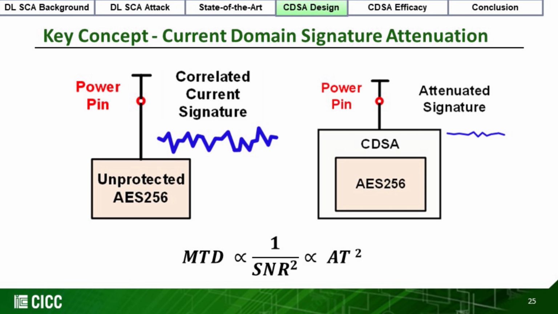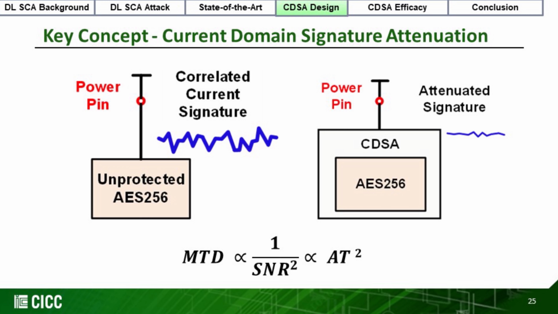The underlying key concept behind the proposed countermeasure is the signature attenuation. On the left, the supply current contains the correlated current signature from the unprotected crypto engine.